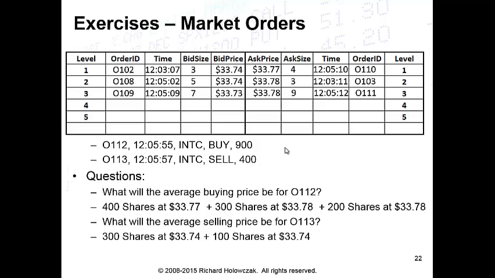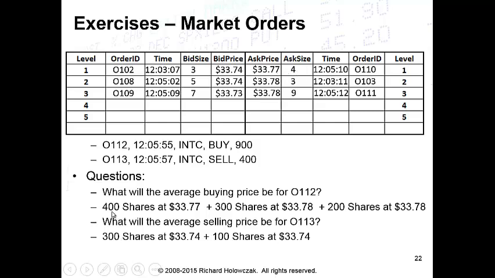Okay, so before I adjust the book here, we just want to take a quick look and revisit these two transactions. So the first is, what's the average buying price going to be for order 112? And to find that out, we need to look at what order 112 is going to do to the book. Order 112 will hit the ask side of the book because it's a buy order, and it will immediately lift 400 shares at 33.77.